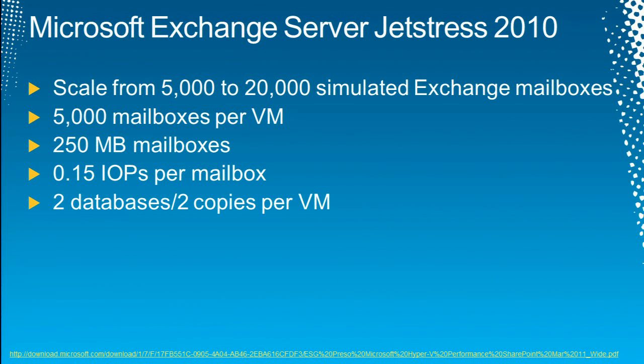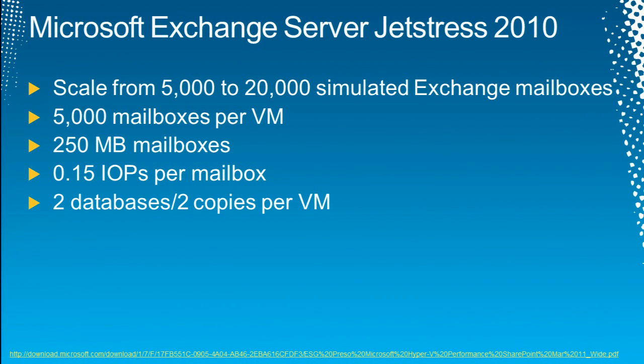And they scaled using JetStress, which is hammering the I/O. Obviously there are other load simulation tools that you can run that would simulate users using ActiveSync and Outlook Web Access and so on. But JetStress is really about the I/O, and it scaled linearly from 5,000 to 20,000 mailboxes across those 4 virtual machines. Now, that was 5,000 mailboxes per VM, 250 meg mailboxes, which is relatively small.